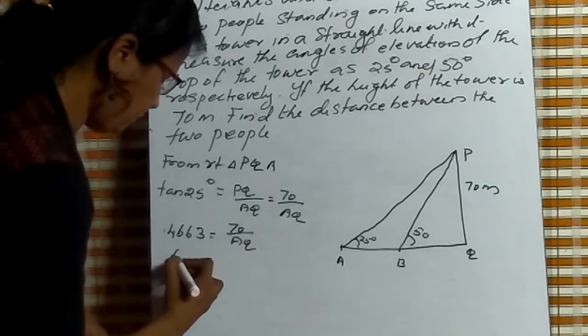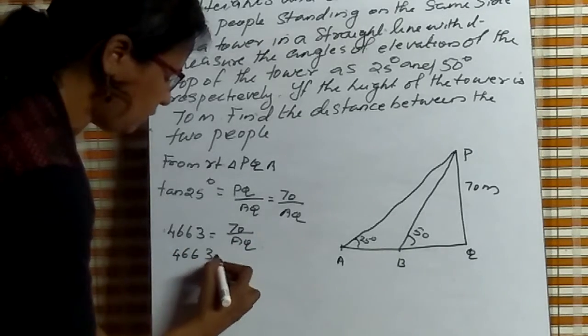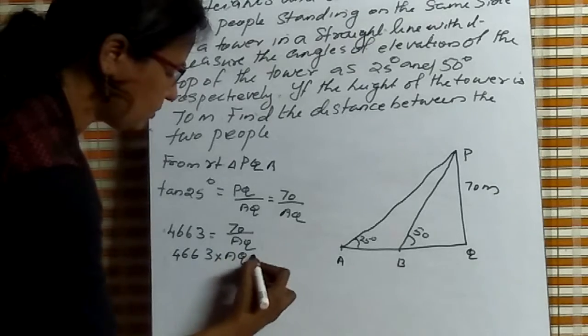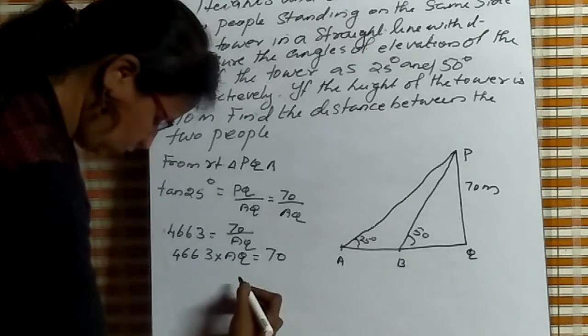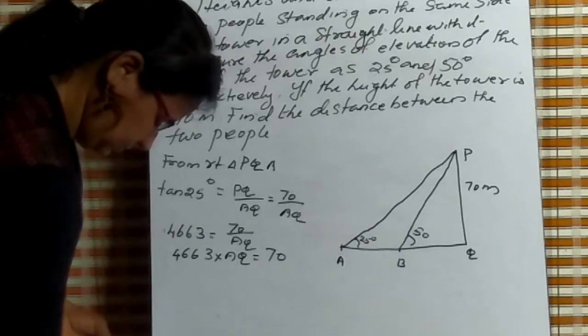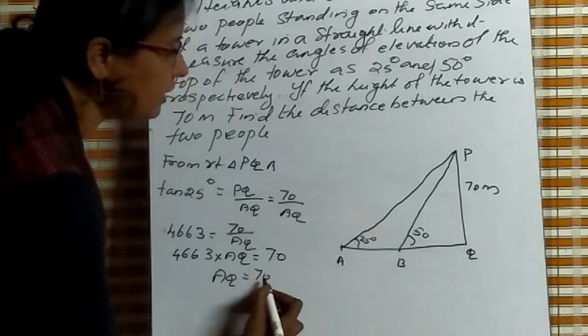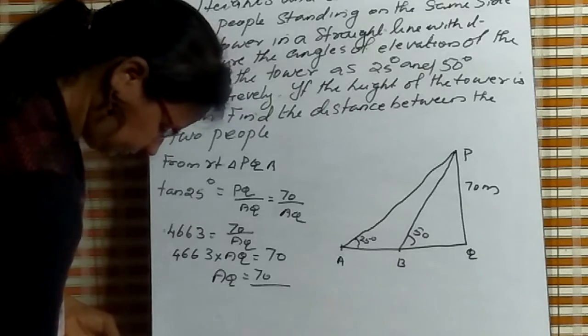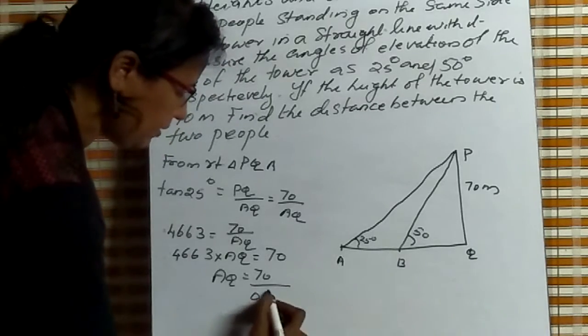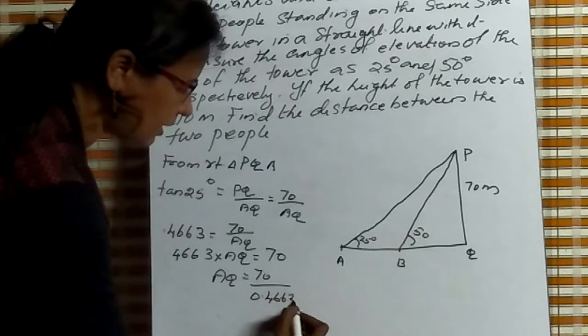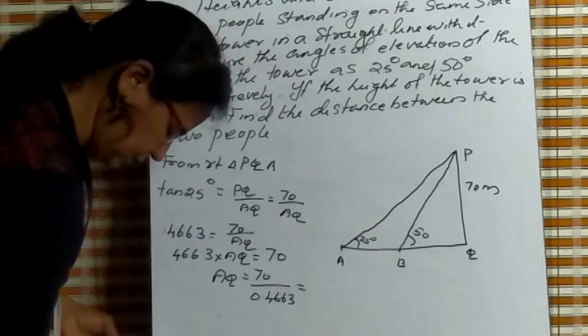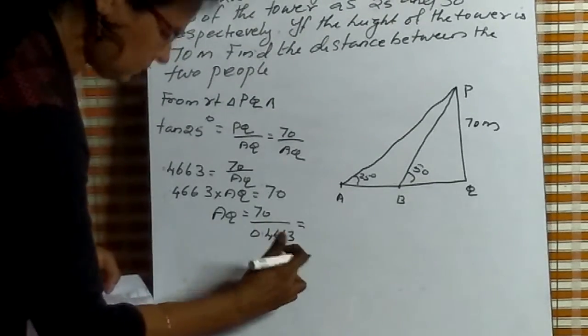So 0.4663 into AQ is equal to 70. AQ equals 70 divided by 0.4663.